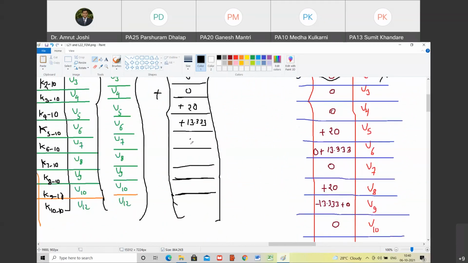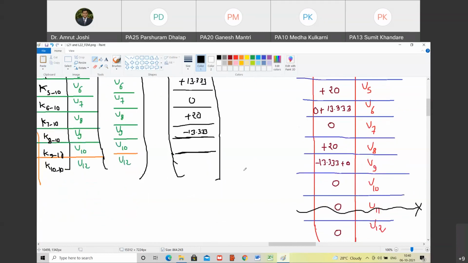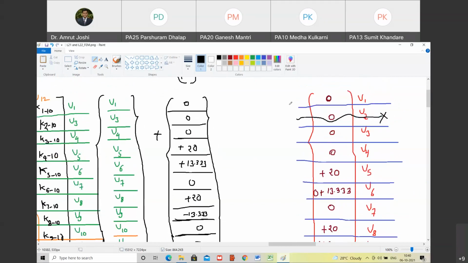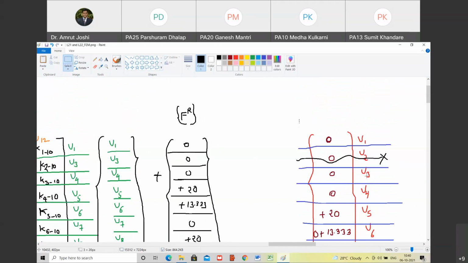Then 0, then plus 20, then U9 के corresponding element minus 13.33. Then U10 के corresponding element 0, then we don't have an element corresponding to U11 and we have an element corresponding to 0. So this is the FR matrix. Happy?